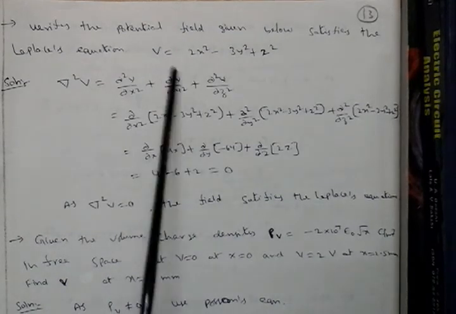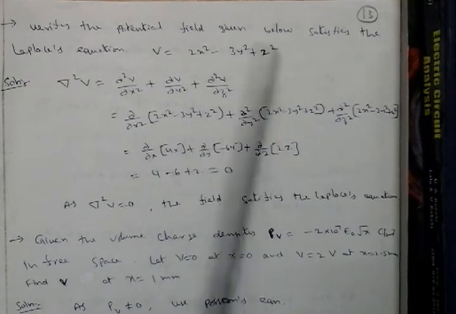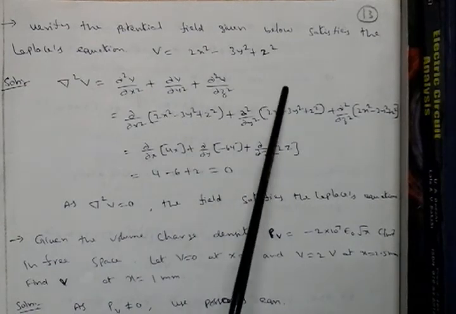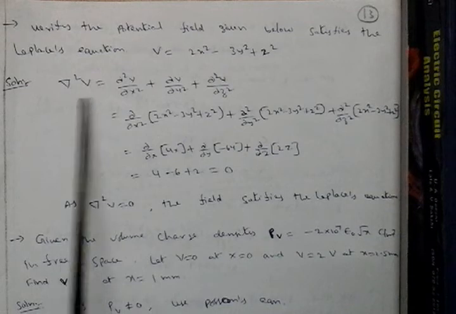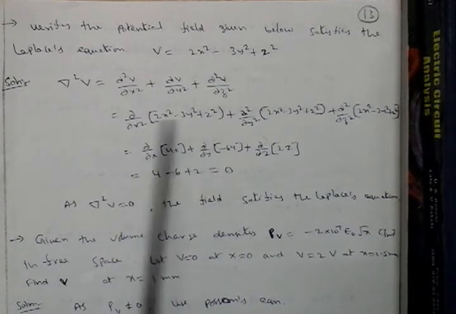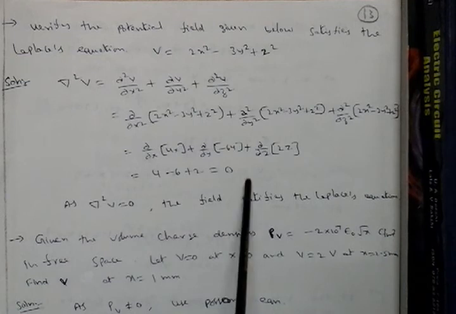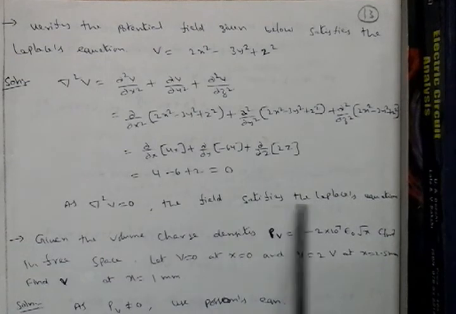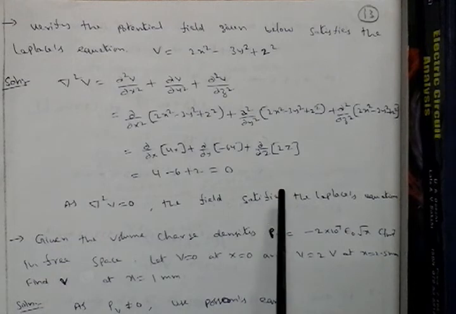Here the expression has x, y, z, that means Cartesian coordinate system. In Cartesian coordinate system, what is the del square V formula? Dou square V by dou x square plus dou square V by dou y square plus dou square V by dou z square. First calculate this one. If it is equal to 0, then that satisfies the Laplace equation. If it is not equal to 0, then it does not satisfy the Laplace equation.